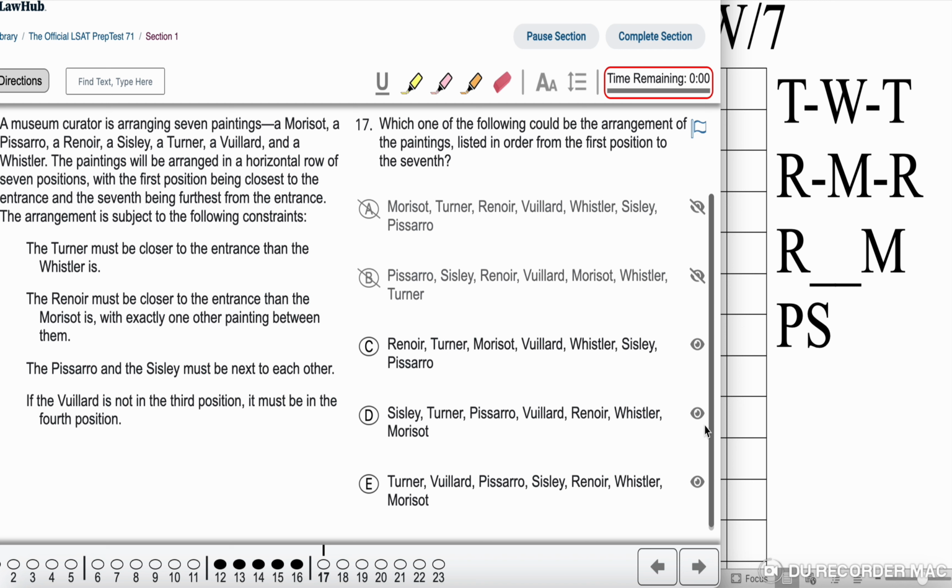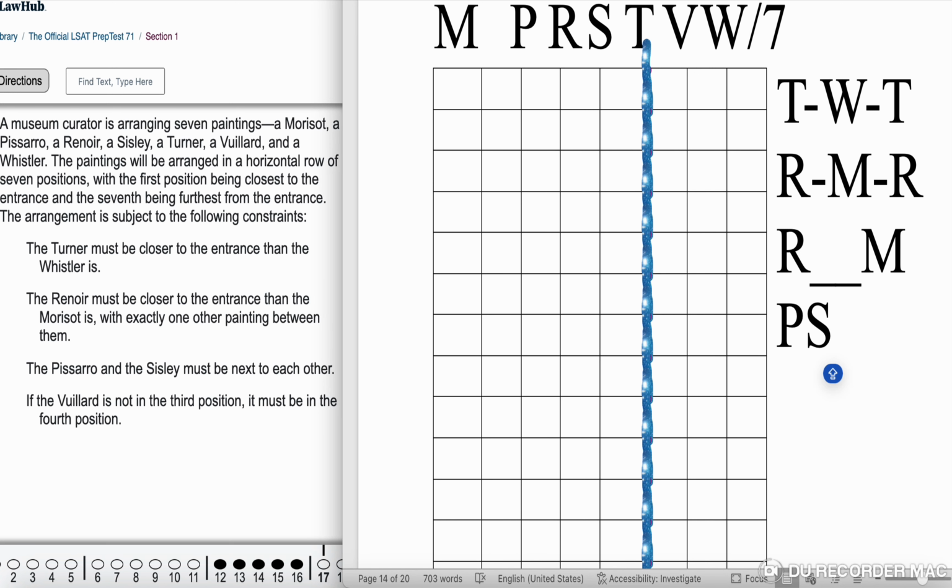They're not next to each other here, so get rid of choice D. And from here, just to make sure the conditions hold, we have T closer than W, R closer to the entrance than M, exactly one space in between R and M, and P and S in a position where they have to be close to each other. That works, not a problem.